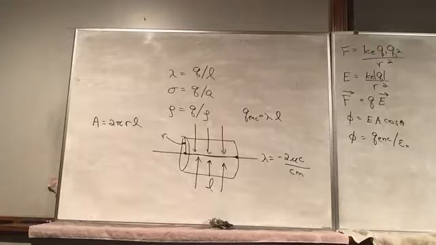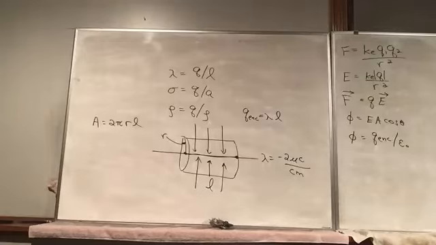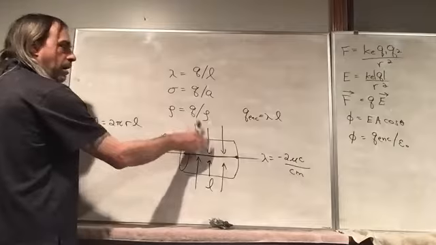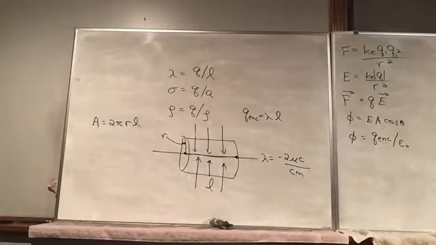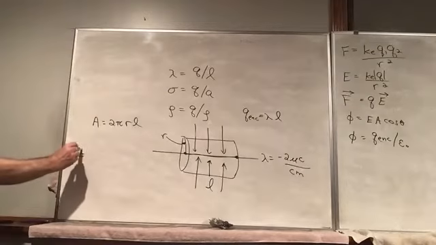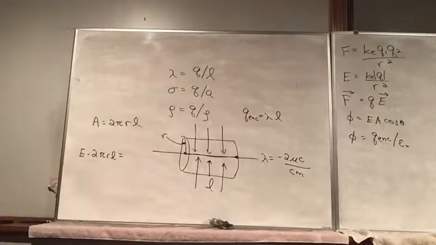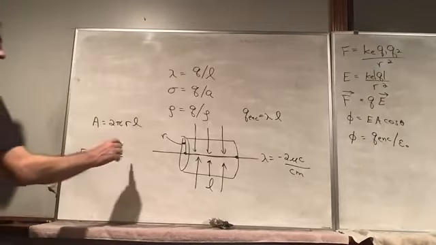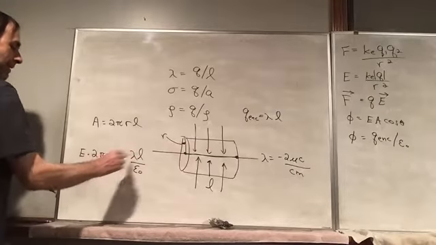Then you could find the electric field at a distance r from that line charge by using Gauss's law. The field lines are parallel to the normal, so we don't have to worry about the cosine. Just applying Gauss's law, we'd have E times 2 pi r L equals the charge enclosed, which is lambda L, over epsilon naught.